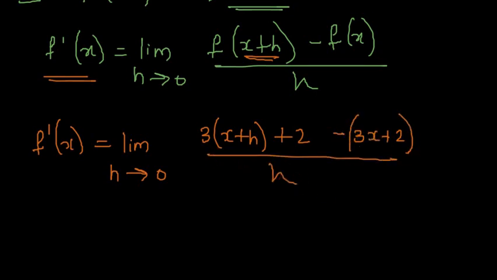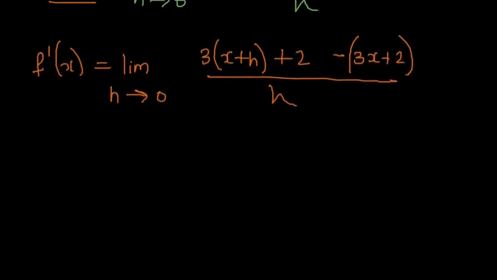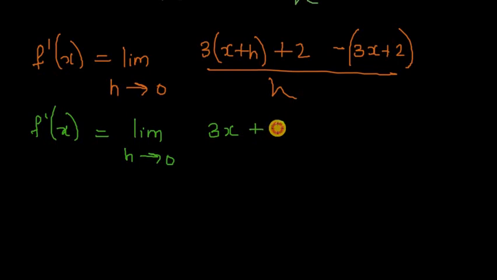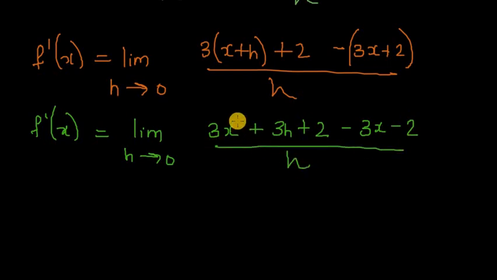Now, we will simplify the numerator and try to eliminate h. So what do we get? f dash of x equals limit h tending to 0, 3x plus 3h plus 2, this will be minus 3x minus 2, whole thing divided by h.